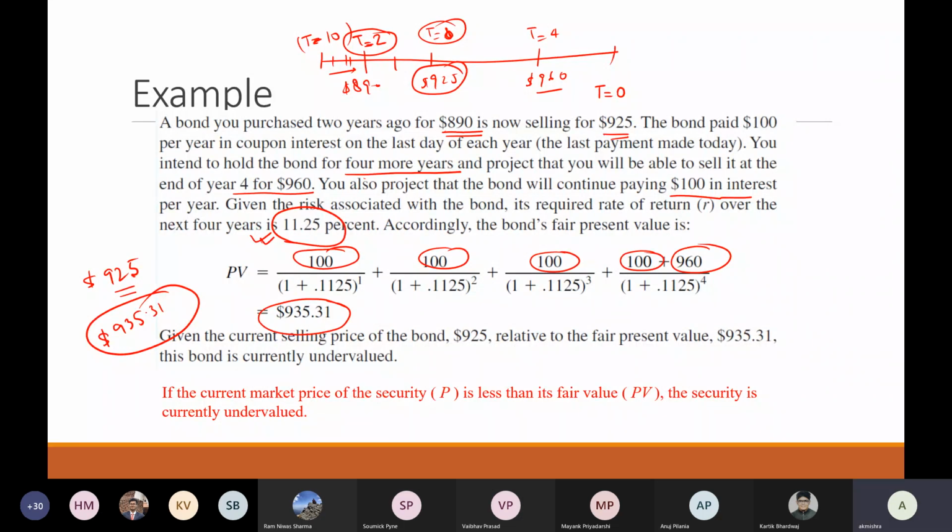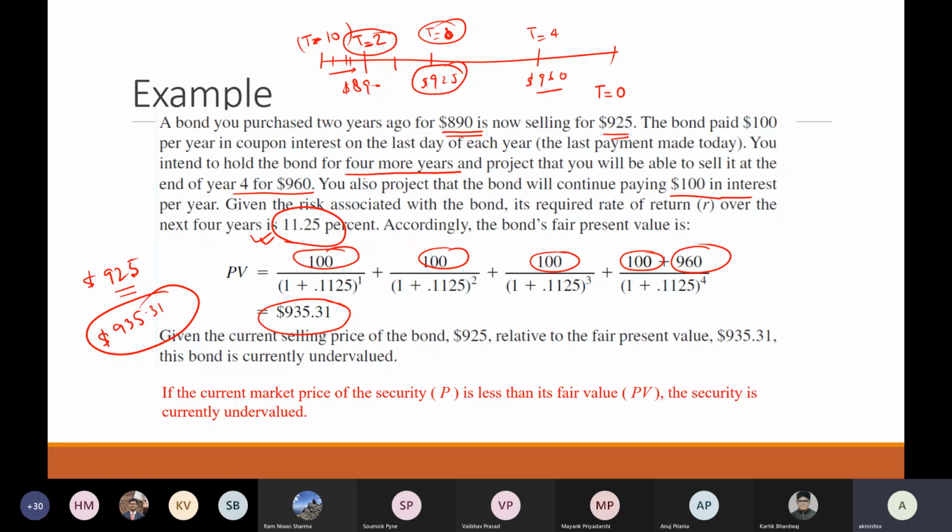Or another way of putting this, it means you should hold this particular instrument. Why? Because this is undervalued. An overvalued instrument is an instrument where the intrinsic or fair price is less than the market price, and undervalued means the market price is less than the true value.